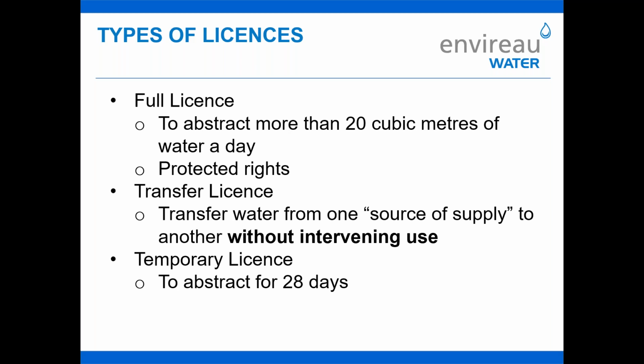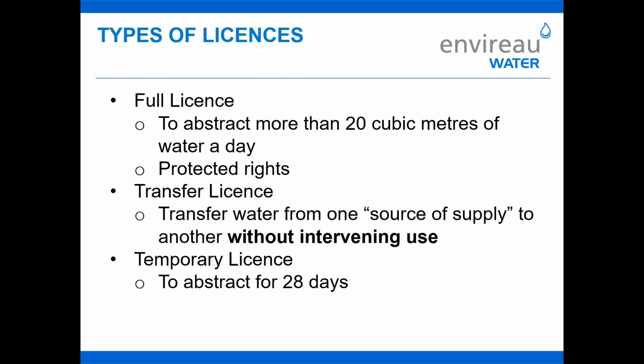You also pay an annual fee for that license, irrespective of whether you use it, based on the quantity of water that you're licensed to abstract, not on how much water you actually abstract. For large volumes of water, that runs to many thousands of pounds. For small quantities, it's hundreds of pounds.